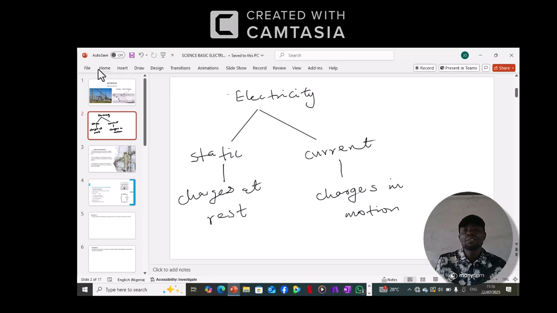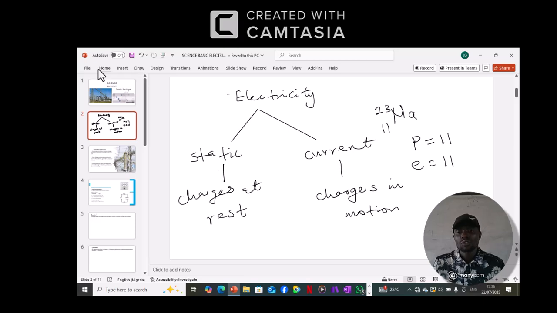For instance, let's use sodium atom. Sodium is atomic number 11, mass number 23. So it means we have 11 protons in sodium atom. Then electrons, we have 11.